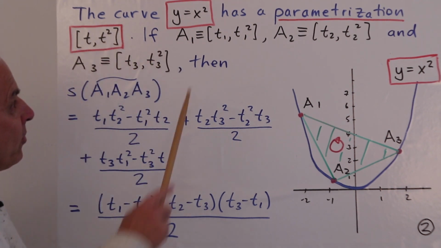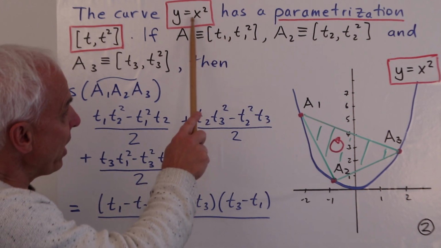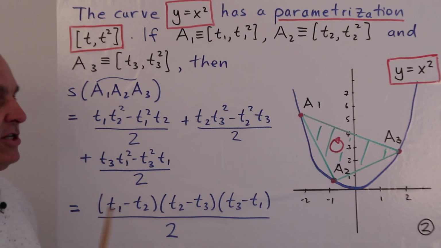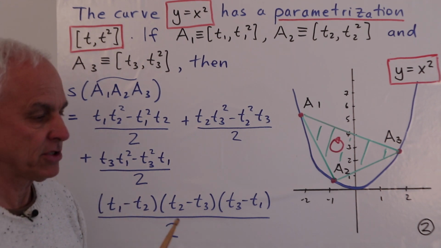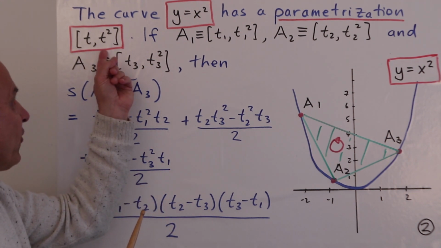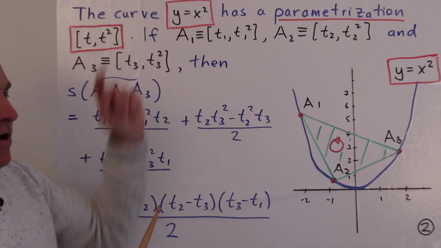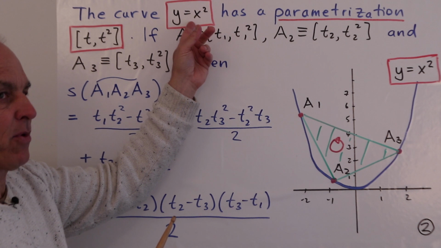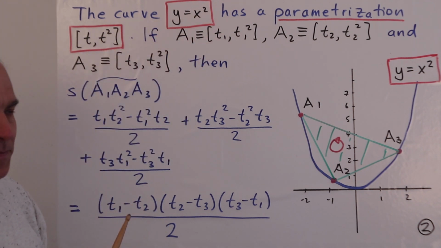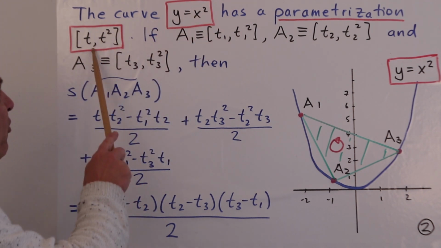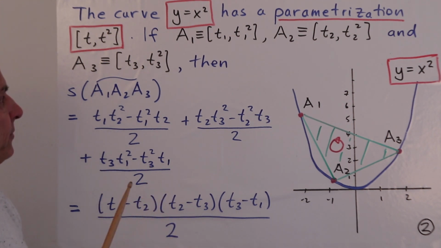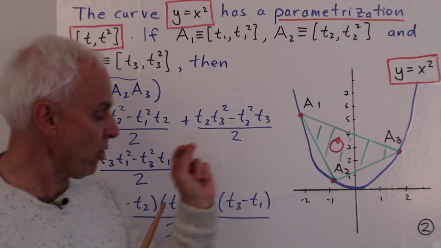And we can say that this equation y equals x squared has a parametrization t comma t squared. In other words, points of this form satisfy this equation, and things that satisfy this equation are of this form. So here the parameter is t, which is just the x coordinate.